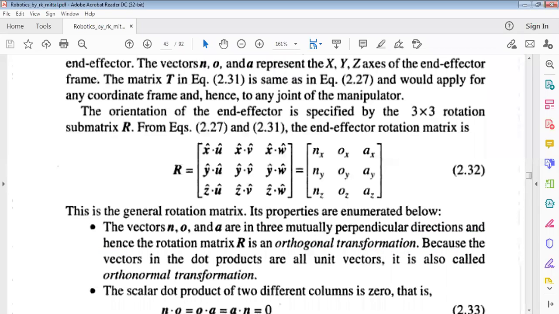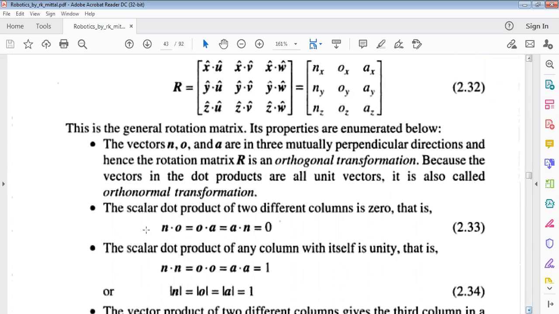So now let us discuss the properties of this rotation matrix. The first property: the vectors n, o, and a are mutually perpendicular directions. Three mutually perpendicular directions.